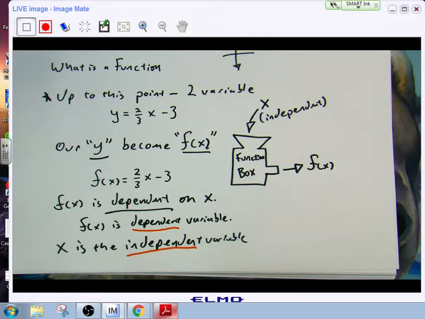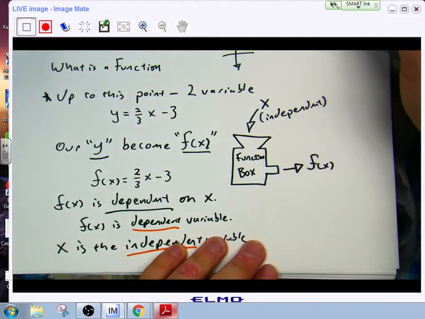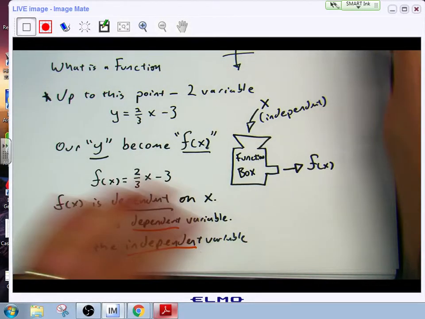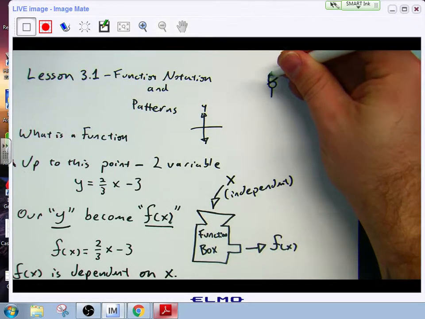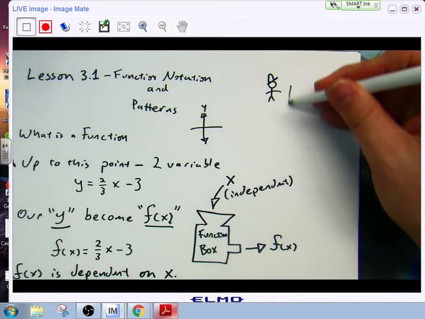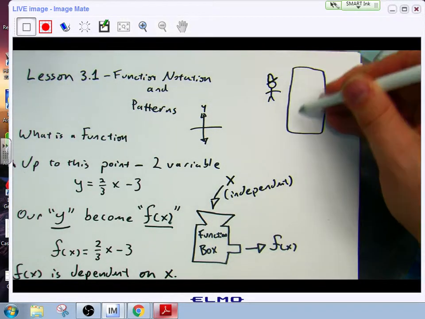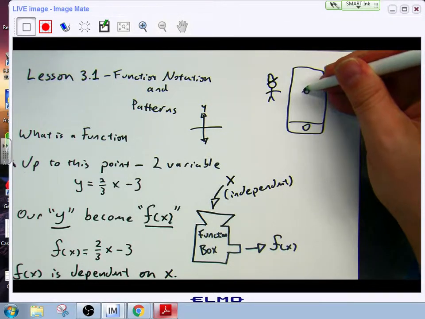It's kind of like the filters on your camera phones. It'll do it in grayscale, in extreme color, or in reverse. That's a function. Here's a picture of me. I'm wearing my hat because it's hat day. Then you have your camera phone with your button, and here's me on the screen with my hat on.